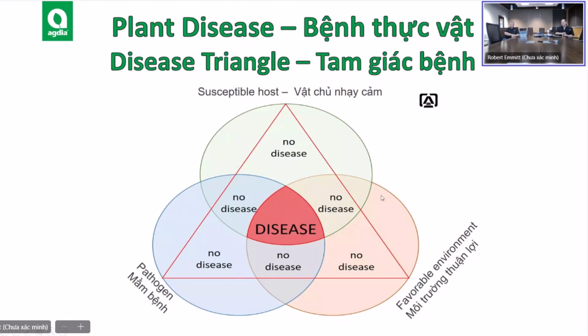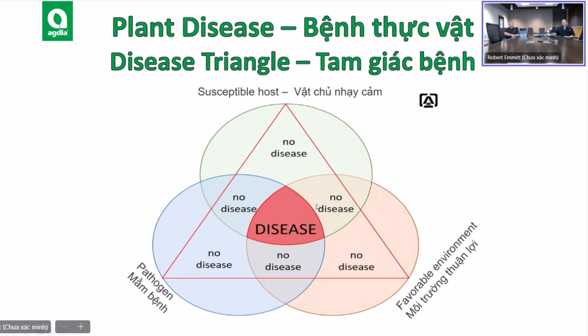So plant disease as a concept is usually taught as a triangle. So this triangle, 3 points to the triangle, all 3 points have to be at one place at one time for disease to take place. So you have to have a susceptible host, a favorable environment, and a pathogen.